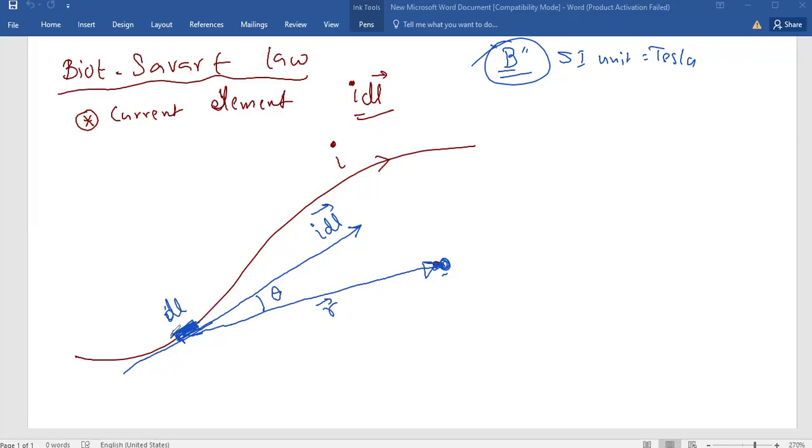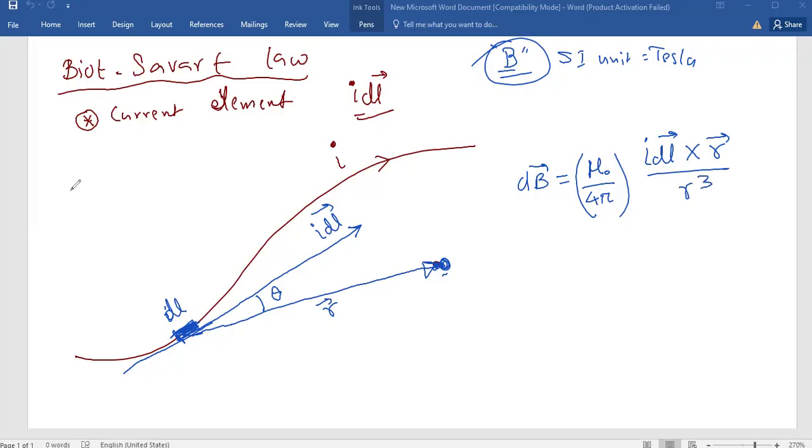First we will look into the small magnetic field due to this small current element, which is given by mu naught by 4 pi, which is a constant value, times the cross product of the current element and the position vector, divided by the magnitude of the position vector cubed.